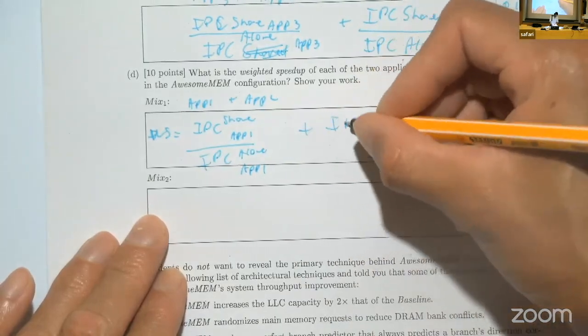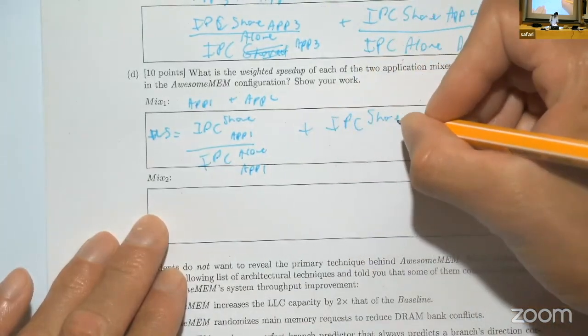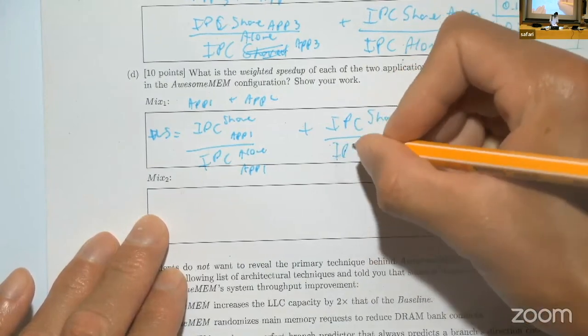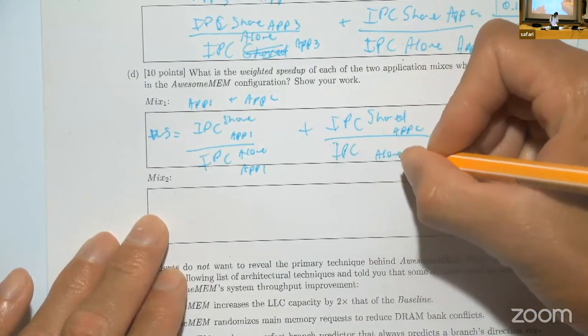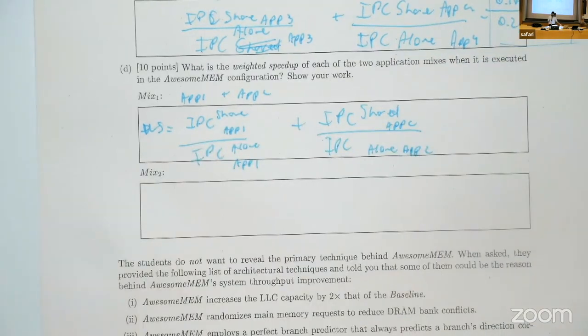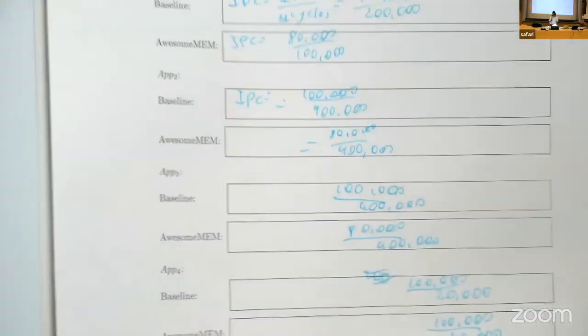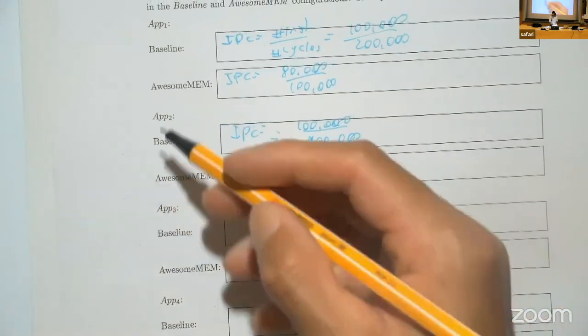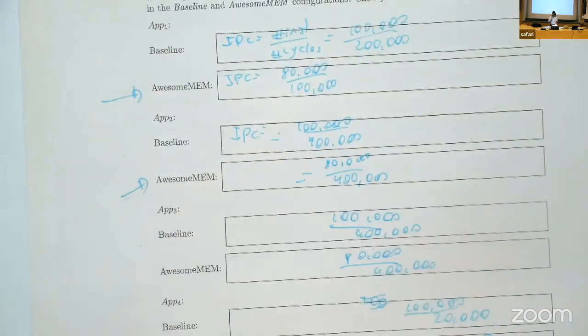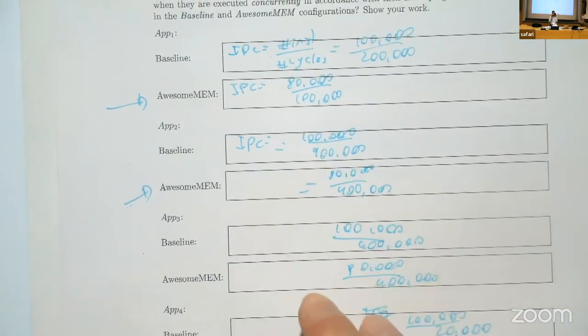If you look at the previous questions, we already calculated the IPC shared of app1 and app2 in the awesome configuration, so you have them here.